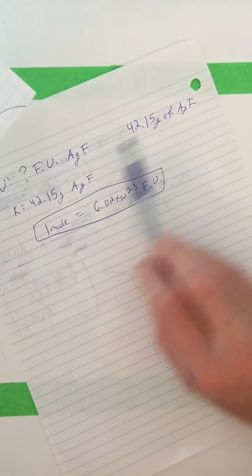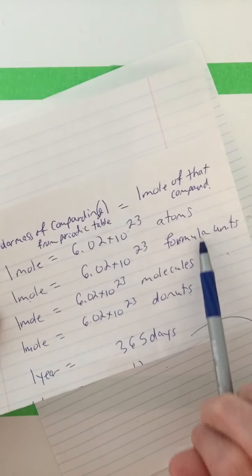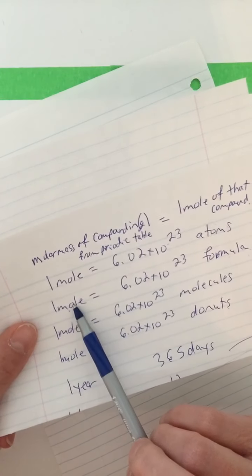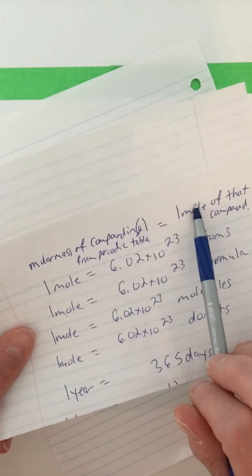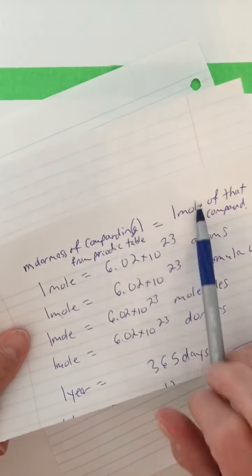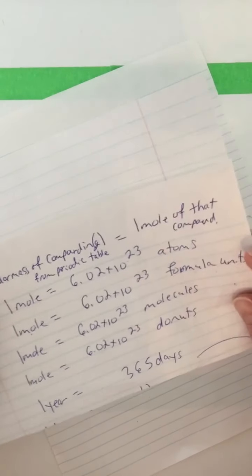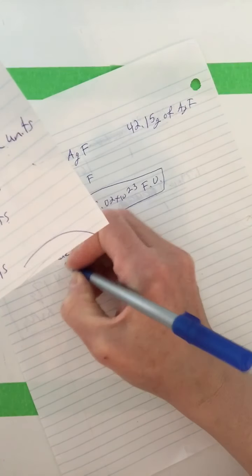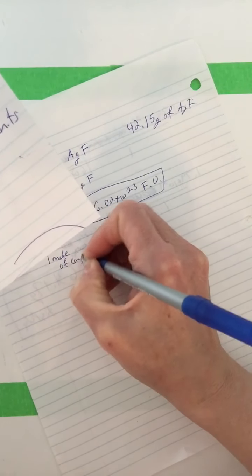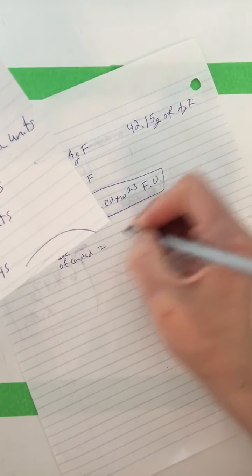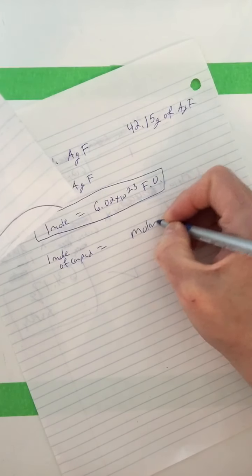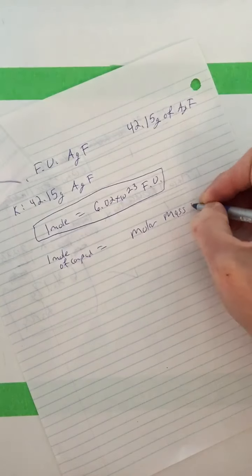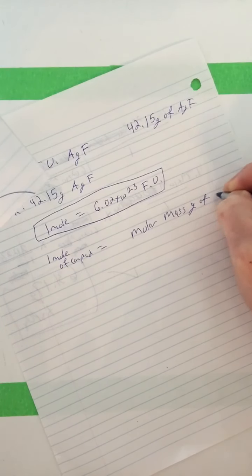I can't get from grams to formula units. Formula units only goes to moles. Grams goes to moles. So this is the second one I'm going to do. So it's going to be 1 mole of compound is equal to the molar mass in grams of compound.